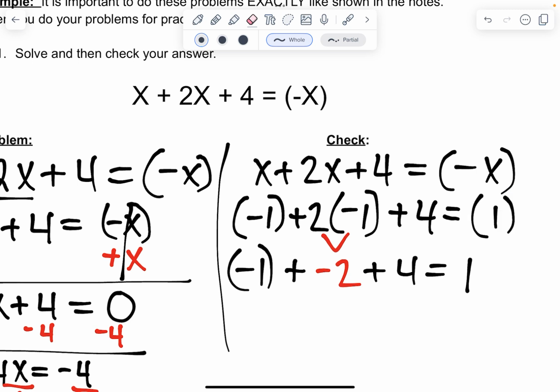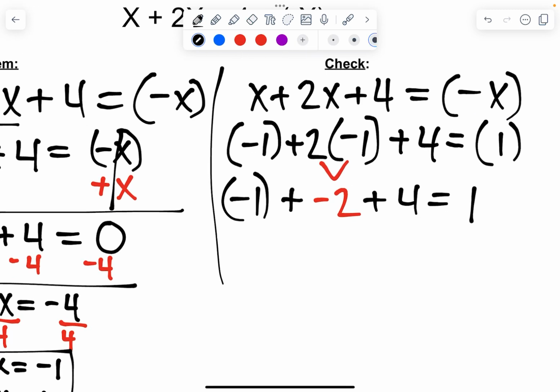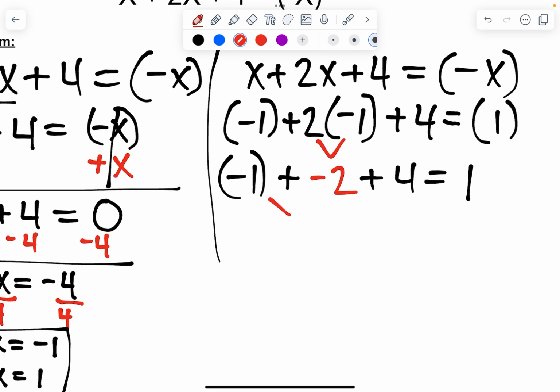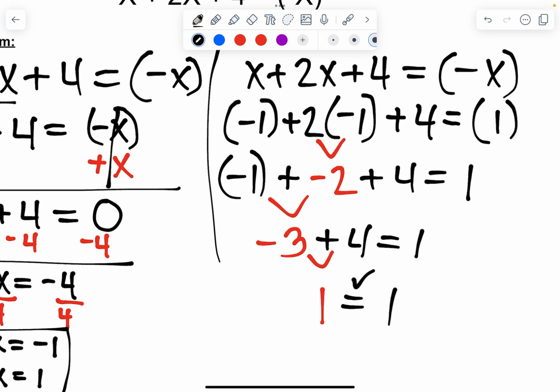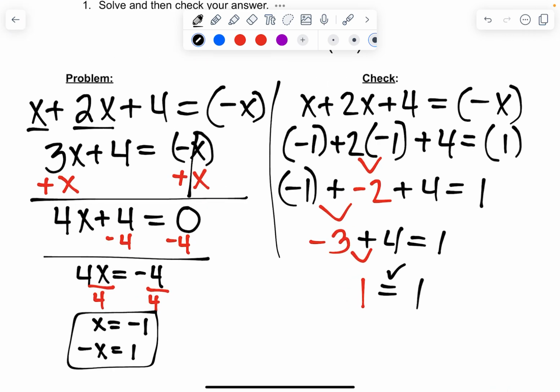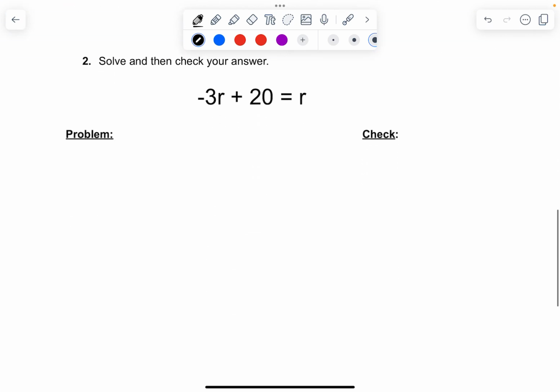I'm going to drop it. And I'm going to keep going left to right. Negative 1 plus negative 2 is negative 3. And I'm going to keep adding, and I get 1 equals 1, and it's a check. Let's keep going to the next problem.